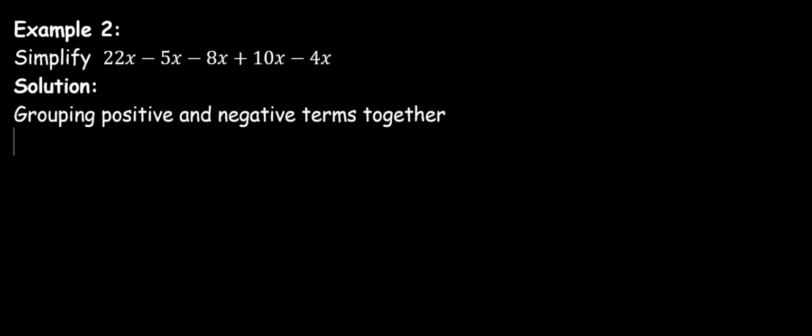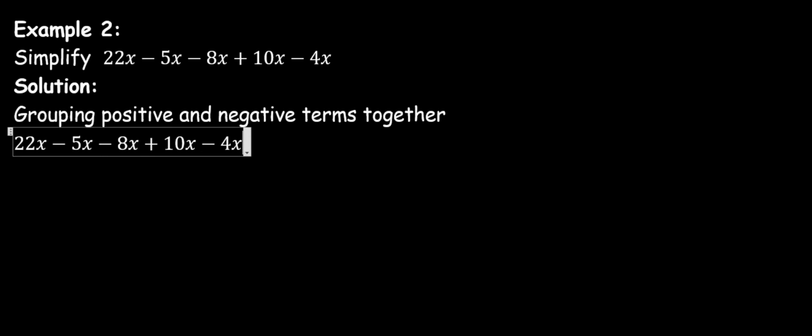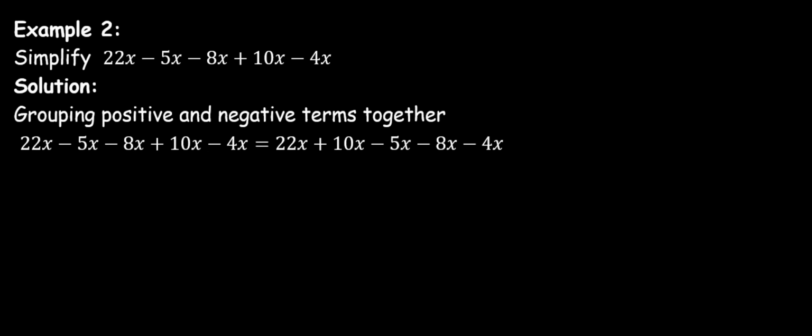Simplify 22x minus 5x minus 8x plus 10x minus 4x. Solution. Grouping positive and negative terms together, we have 22x minus 5x minus 8x plus 10x minus 4x will be equals to 22x plus 10x minus 5x minus 8x minus 4x, which is equals to 32x minus 17x, and that is equals to 15x, and not 15x equals to 0.